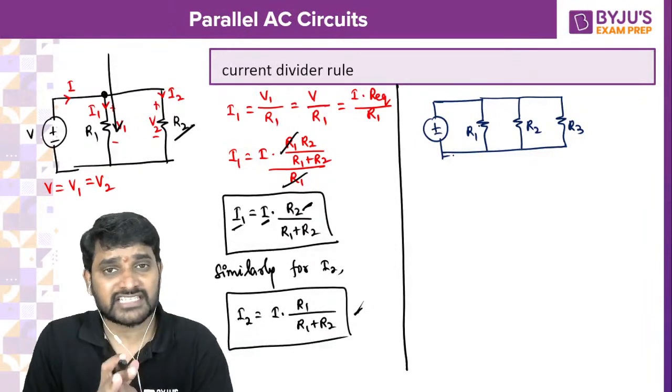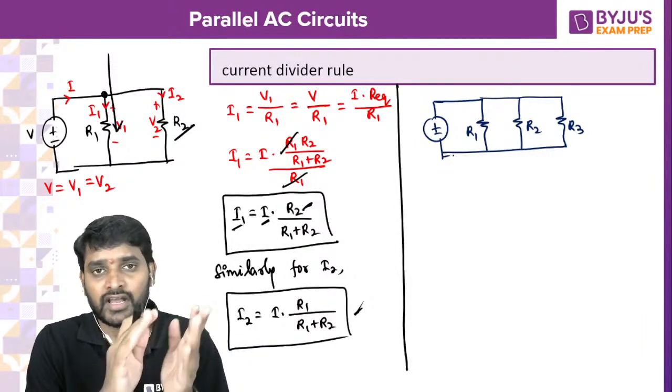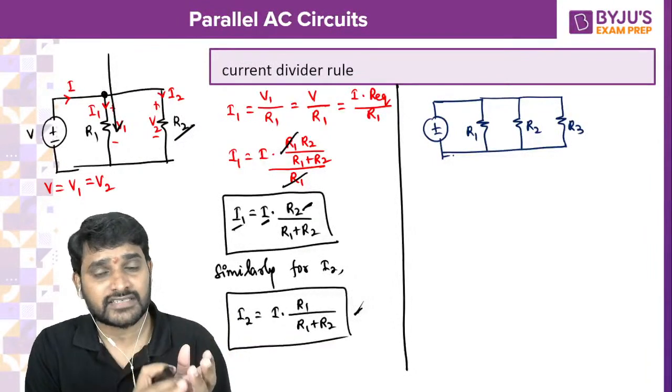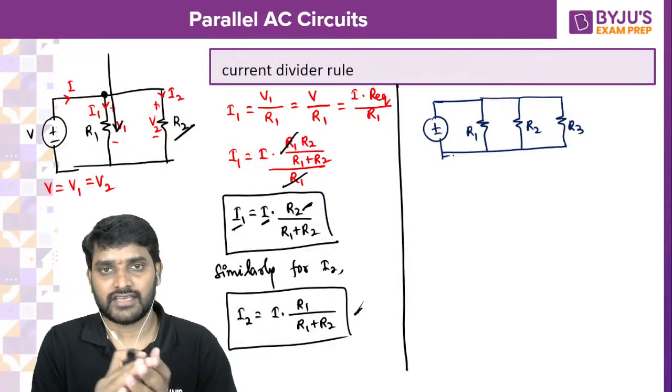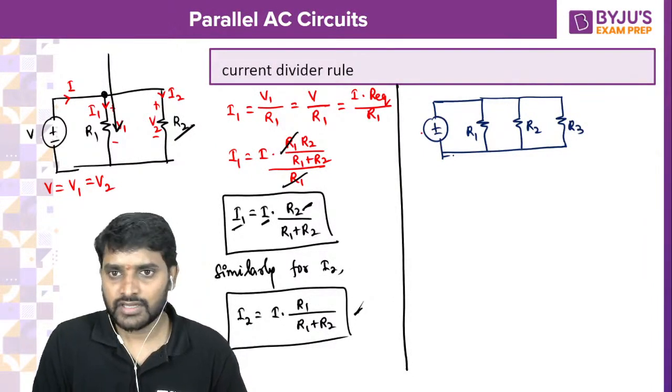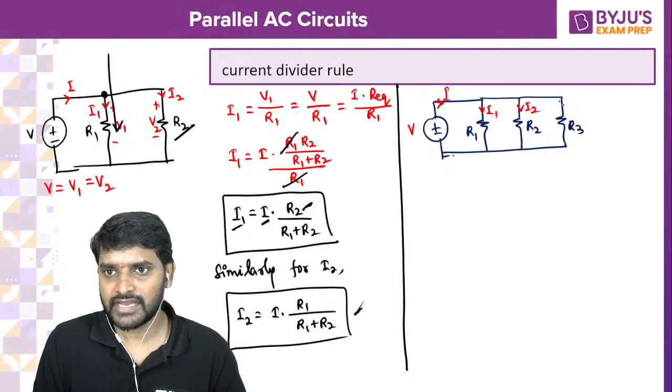We know the equivalent resistance of these three resistances: R1 R2 R3 divided by R1 R2 plus R2 R3 plus R1 R3. So that is the total equivalent resistance. Now this will be I1, this will be I2, this will be I3.